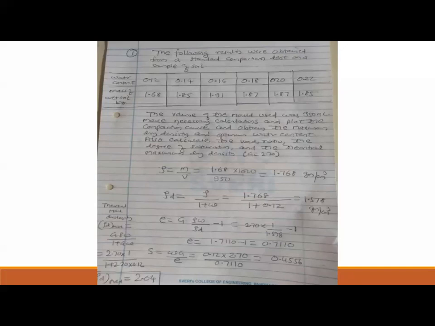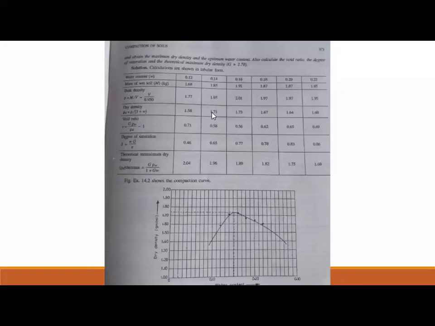Be fast. Nobody wants to do. Not a single fellow. What are the void ratios for different readings? What is the problem? These readings also I am giving you. 1.71, 1.73, 1.67, 1.64, 1.60. Take down these.